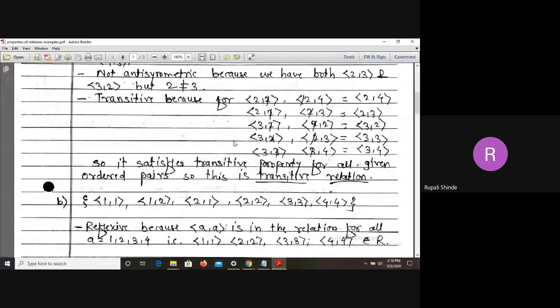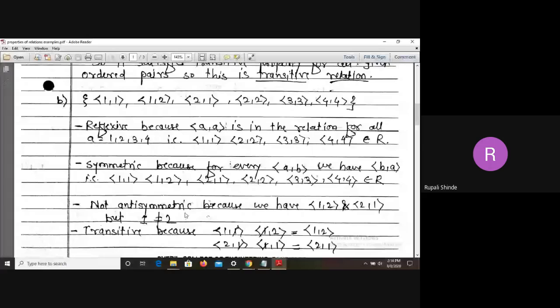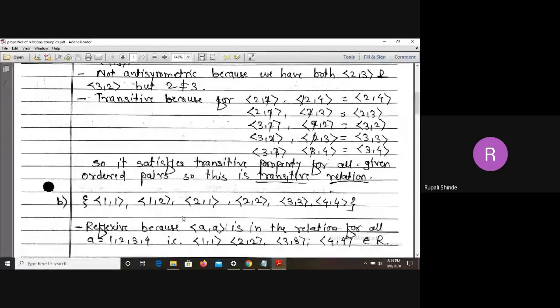Because (1,2) is there and (2,1) is there, but it is not the case that 1 is equal to 2. That's why this is not antisymmetric. And the last one is transitive. Check whether this one is transitive. Yes, madam, transitive. Correct.